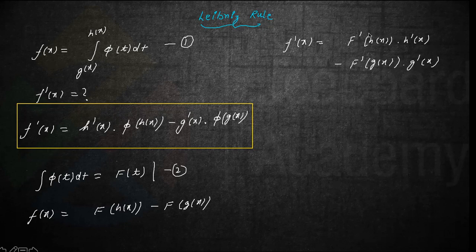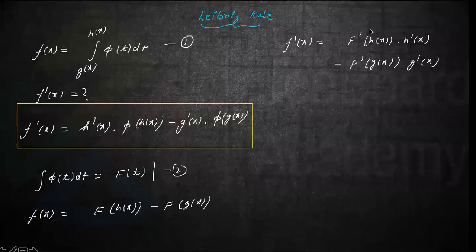Now this capital F dash, because this is the integration of this function, right? So capital F dash will be nothing but, you can look up at this and then you can try to see what is capital F dash. We can easily write down phi in place of capital F dash. So just try to think.